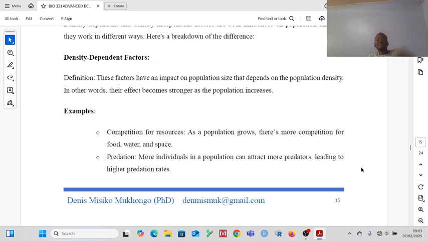But when you don't have those animals, you don't have the predators coming. Okay. So when you have more animals that can be predated upon, that is when you have an increase in the predators. So predation will be changing the growth rate, but it is dependent on the number of animals that can be predated upon. So it is a density dependent factor.